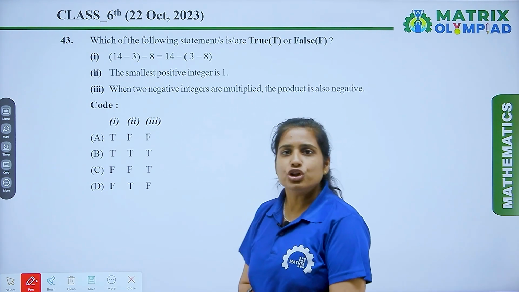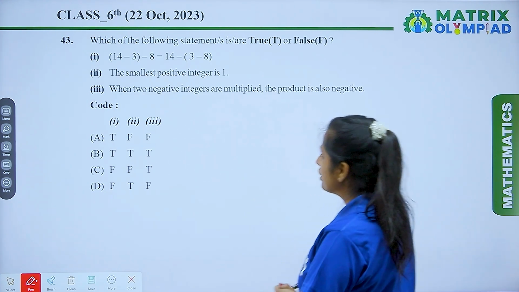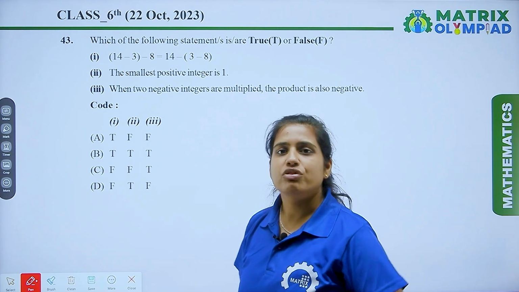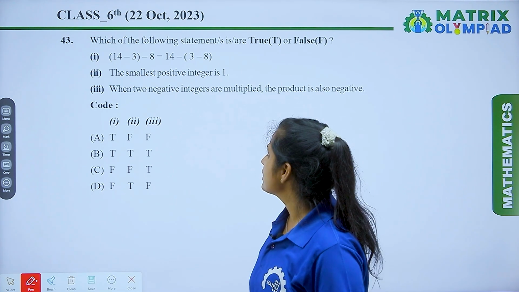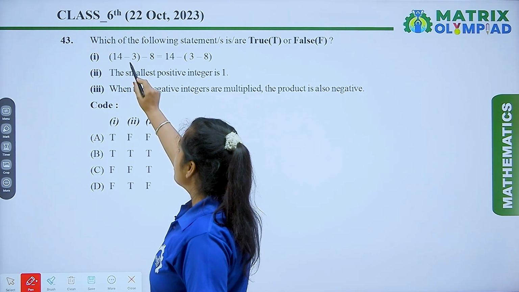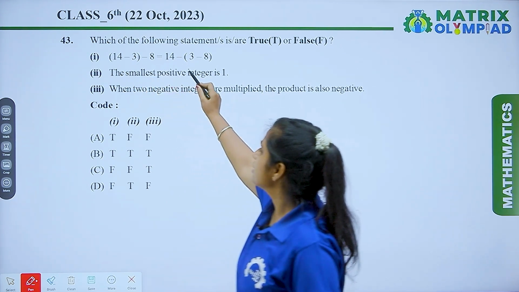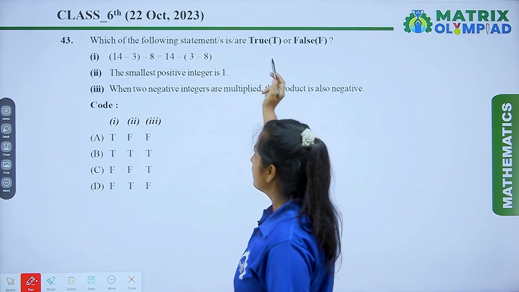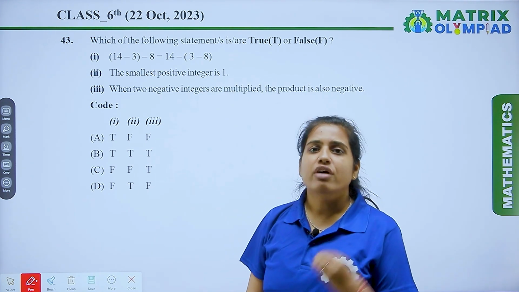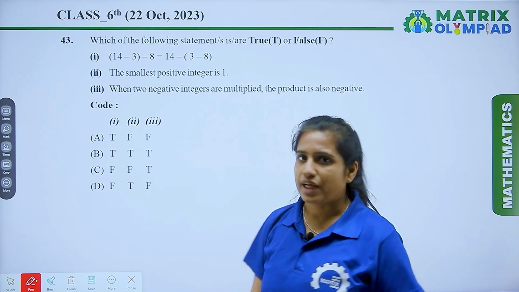Now, the next question is question number 43. Which of the following statements are true or false? Again, we have to find out true and false statements. Now, statement 1 is bracket 14 minus 3 minus 8 is equal to 14 minus 3 minus 8. It is a representation of the associative property of subtraction.